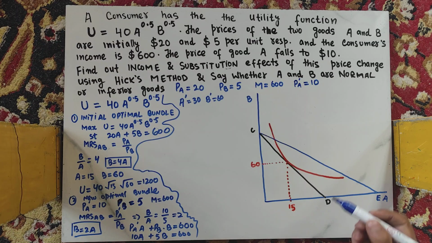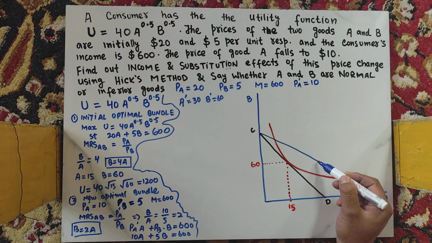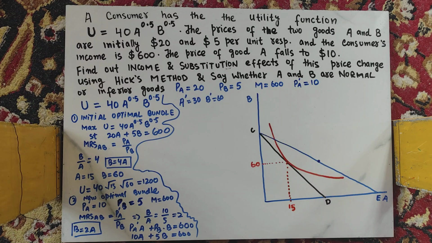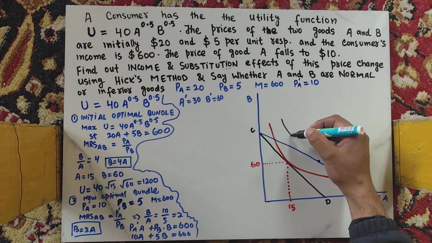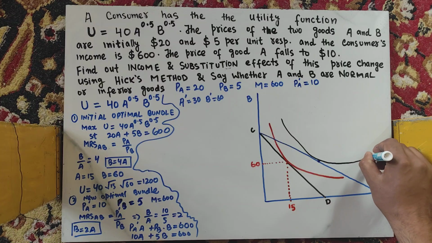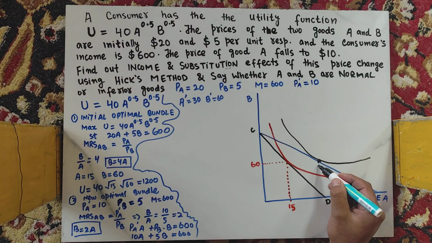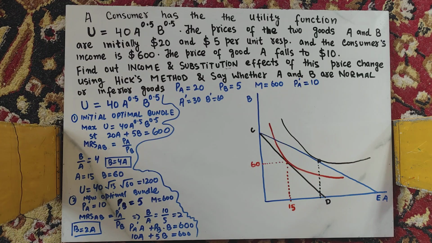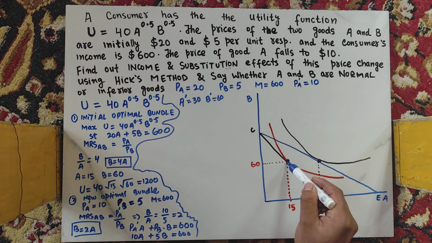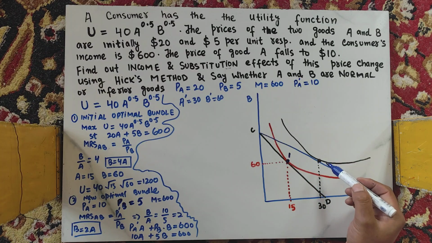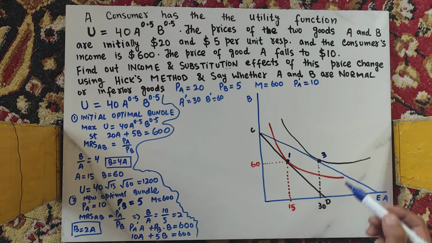Let us suppose we are at this point when we maximize the utility of the consumer subject to the new budget line. It is not perfectly tangent here, so this is our new budget line. At this point the consumer is consuming 30 units of good A and 60 units of good B. Initially the consumer was at point 1, and has now reached point 3.